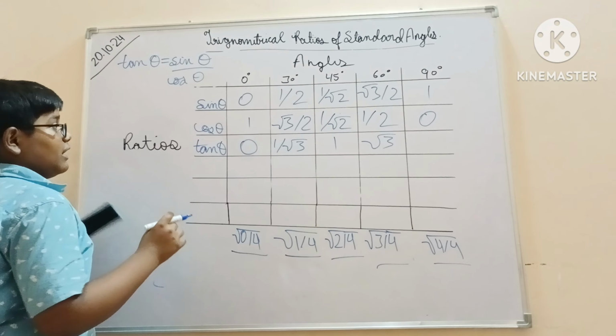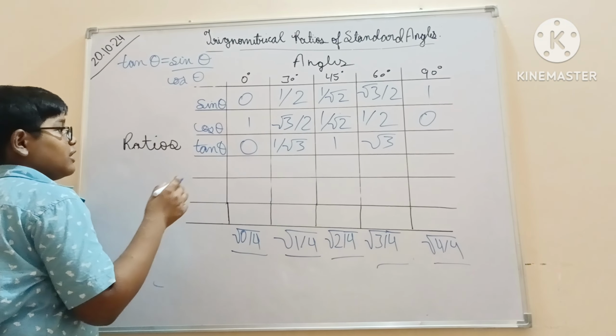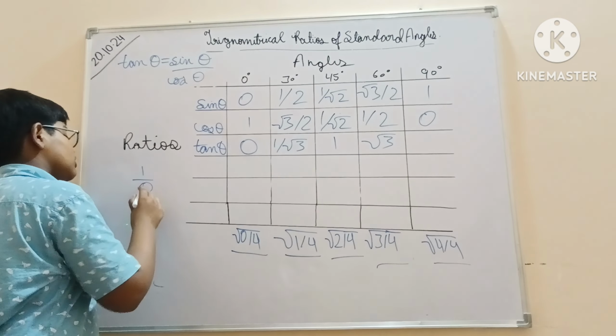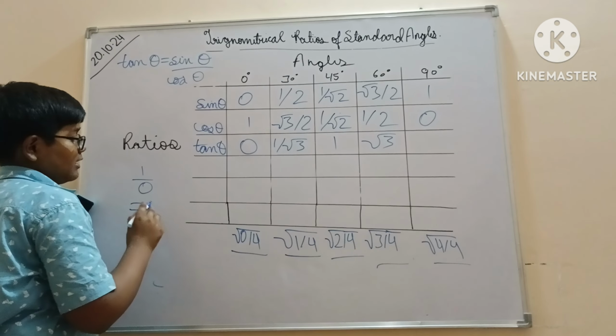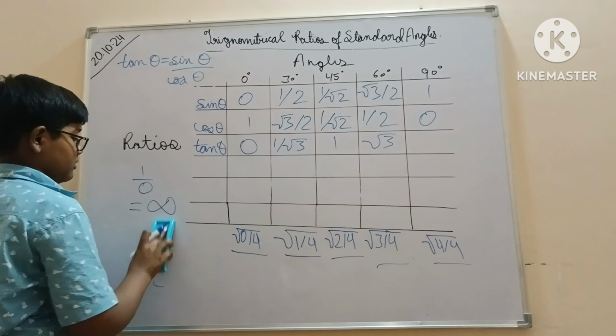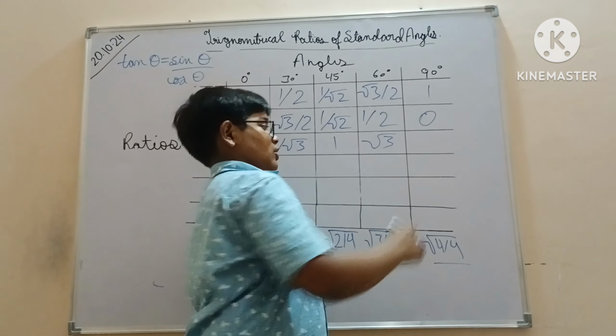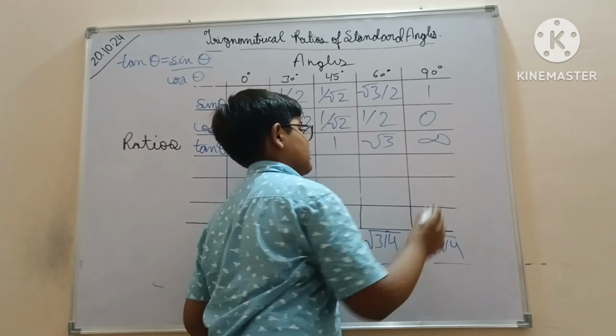Now the value of tan 90 degree will become sin 90 degree divided by cos 90 degree. So if any number is divided by 0, then it will become infinite or not defined. So the value of tan 90 degree is not defined or infinite.